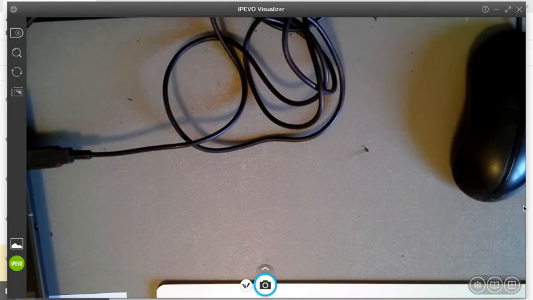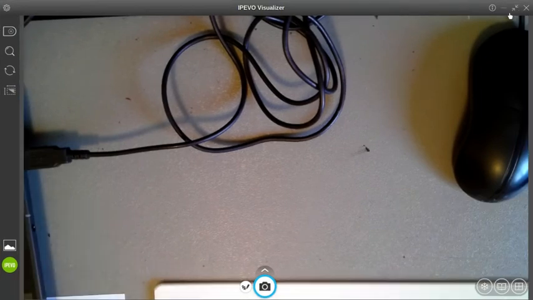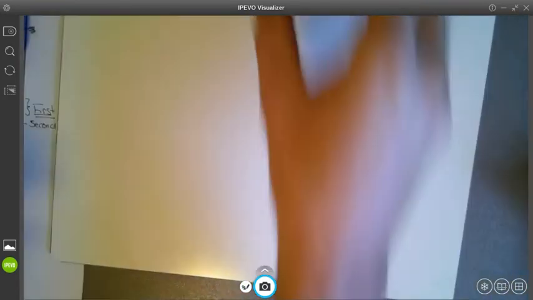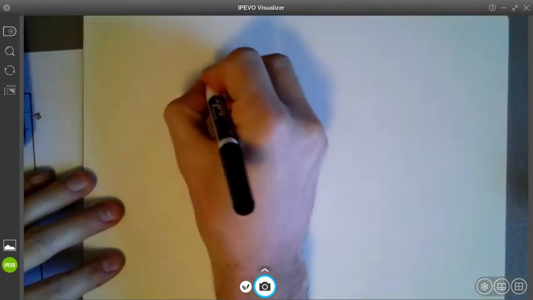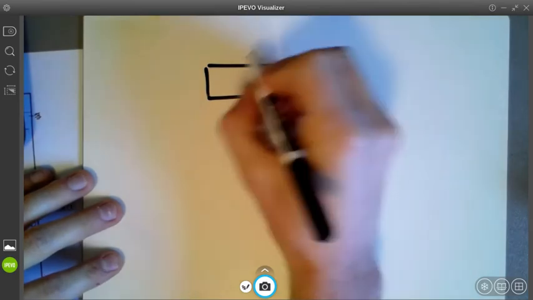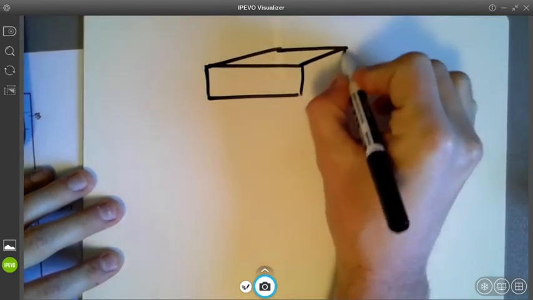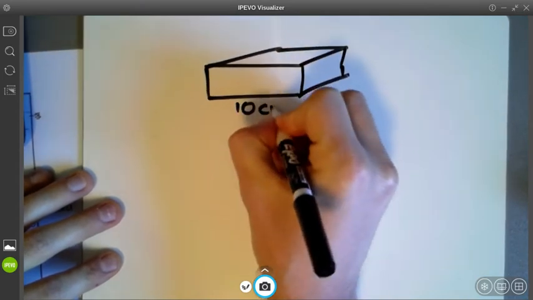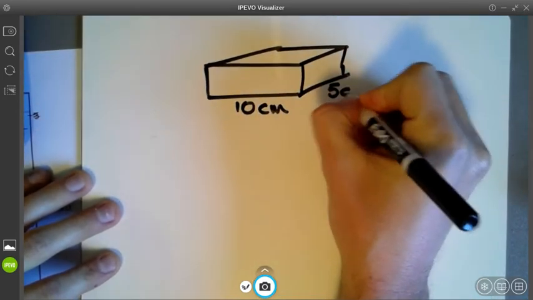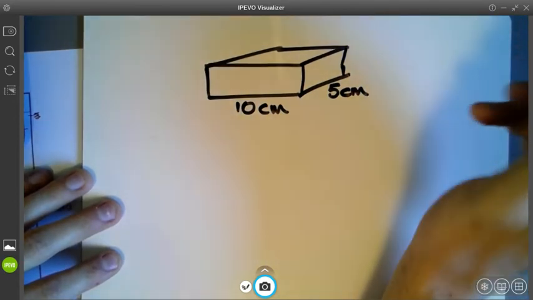So, we've seen the example on how to do volume, but let's do an example on how to find a missing factor. So let's say we are given a rectangular prism, and we are told that the length is 10 centimeters, the width is 5 centimeters, but we don't know what the height is.